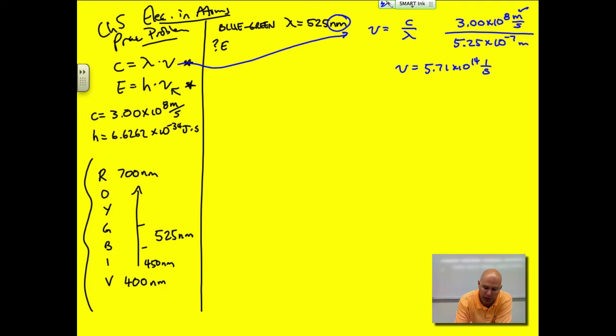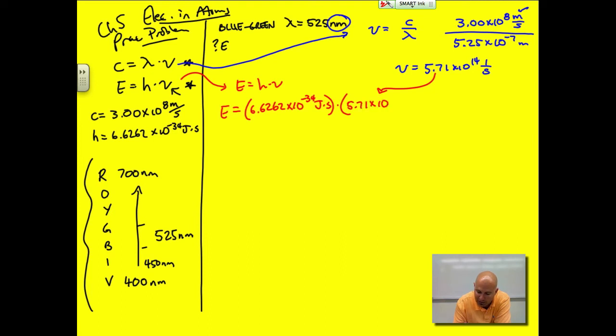Therefore, I can use the energy formula now. Energy is equal to Planck's constant times the frequency. E is equal to 6.6262 times 10 to the negative 34th joule seconds times, bringing that down now, 5.71 times 10 to the 14th, 1 over s.